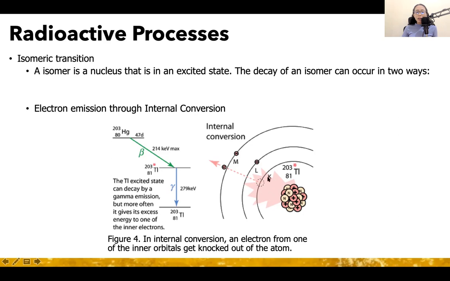Now, whenever you have a vacant position here, because the electron is either absorbed through electron capture or knocked out through internal conversion, this vacant position is filled by an electron in a higher orbital going down to this vacant position. Okay?